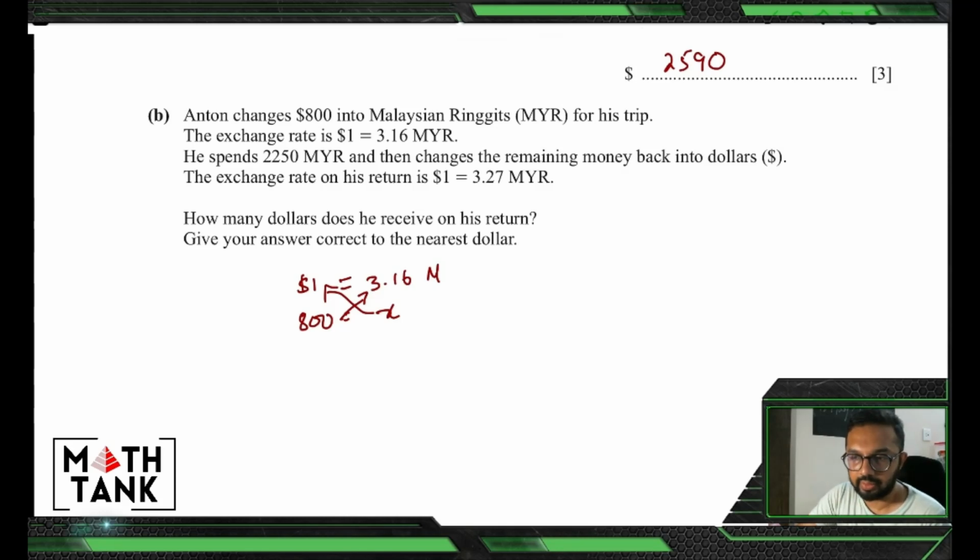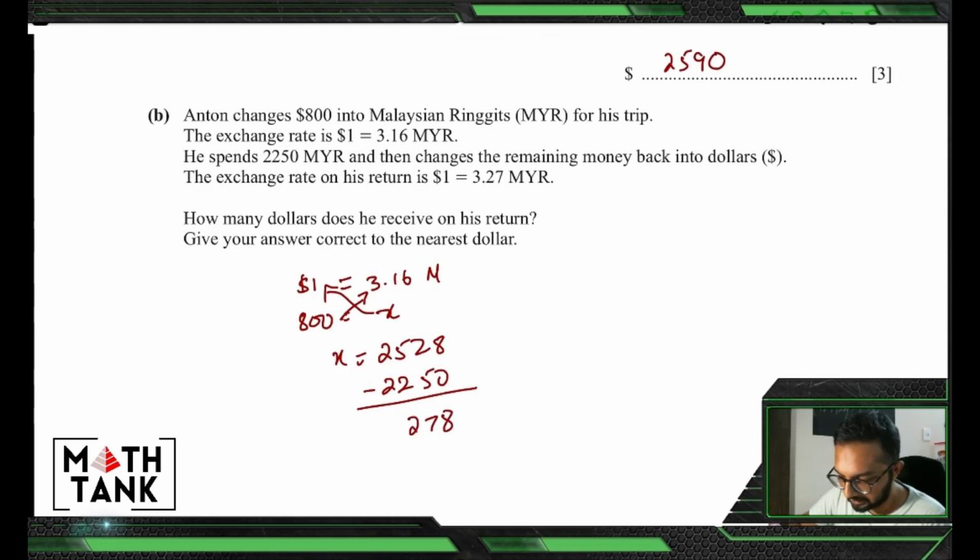So 800 into 3.16, x equals 2528. Okay, he spends 2250. So what is he left with? 278. He wants to change that back. $278.